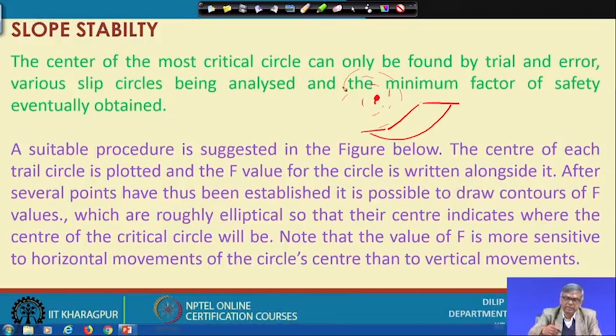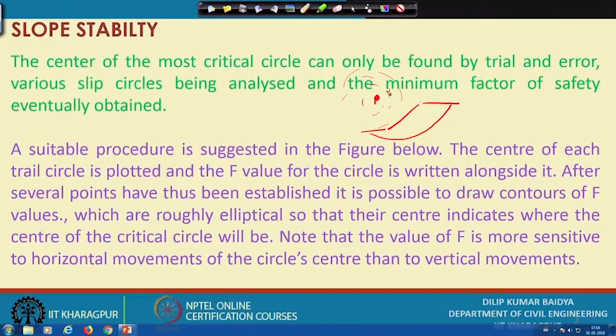When I get a large number of points representing the factor of safety, which may range from 1 to maybe 1.56 with a large number of values in between, what can I do? I can draw contours of factor of safety of definite values: a contour of factor of safety 1.1, 1.2, 1.3, 1.4, 1.5, and like that a number of them.